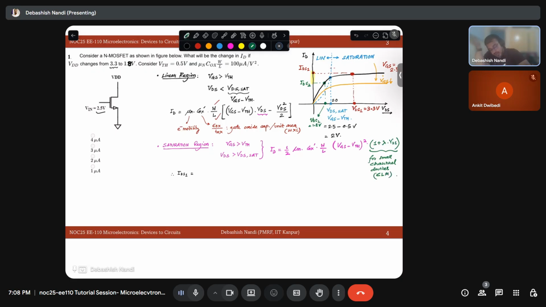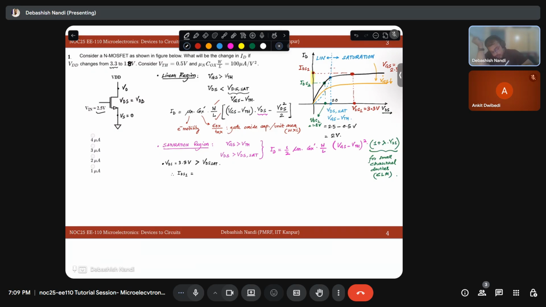So now in IDS1, we need to see what the stipulations are. My VDS is 3.3 volt because my VS is ground and this is my VD. So VDS is nothing but your VDD. So VDS is 3.3 volt, that is greater than your VDS sat.